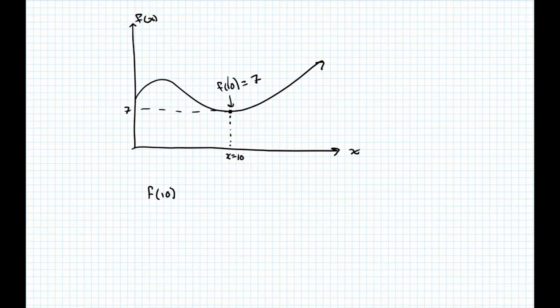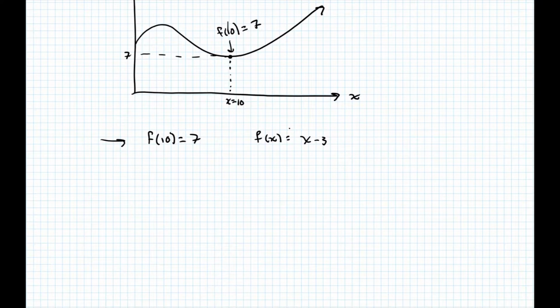Let me write that down here. This is an example of a discrete snapshot. Our function f of x is described by, and this isn't actually what this function is, but I'll give an example where it does evaluate to 7, say x minus 3, where f of 10 is equal to 7.